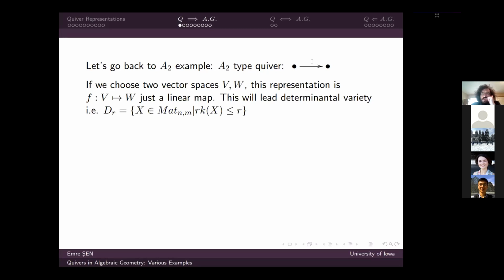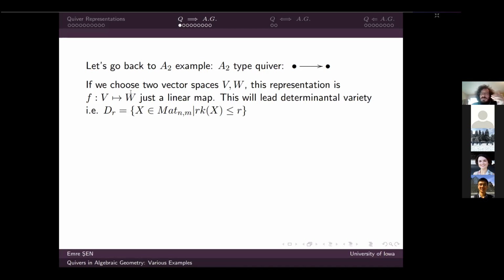And by just this quiver, we can attach this determinantal variety, right? Basically, we can identify this Hom, because f is an element of Hom(V, W), with the dual of V tensor W, and this can be identified with matrices. And n and m are just standing for the dimensions of these vector spaces.